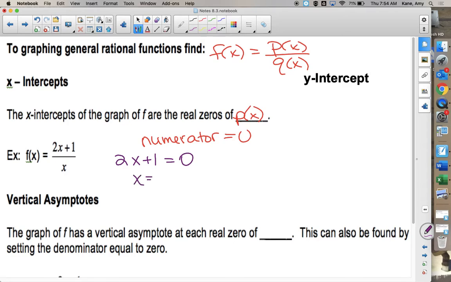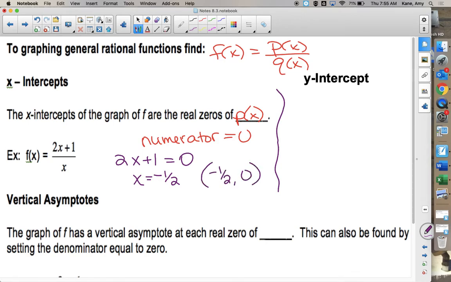Negative one half. Yeah. So taking the negative 1, dividing it by 2, how do you write an x-intercept? Chris? Negative 1.5, comma 0.